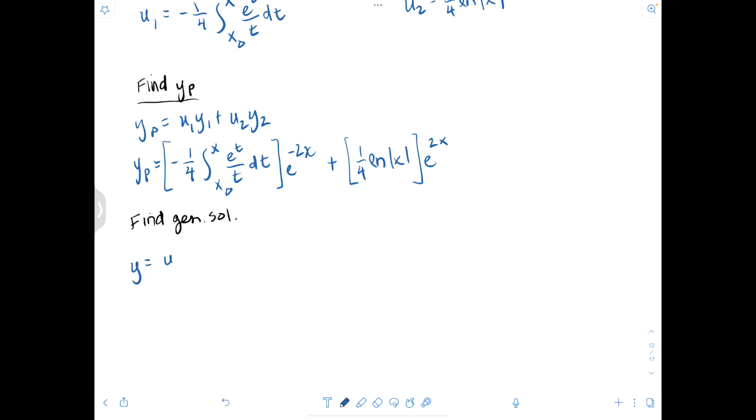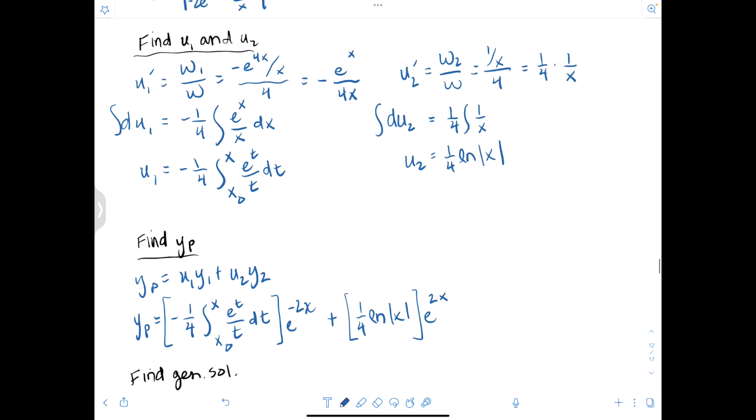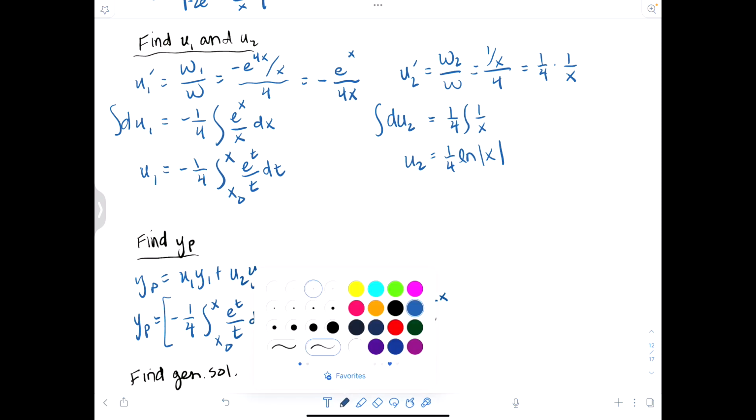y equals yc plus yp. So y will equal, we had c1 e to the negative 2x plus c2 e to the 2x, and then our particular, which will be minus e to the negative 2x over 4 times the integral from x0 to x of e to the 4t over t dt. You know what? Just some changes.